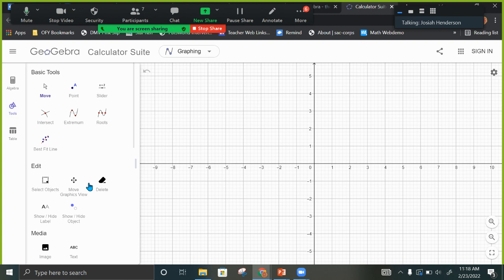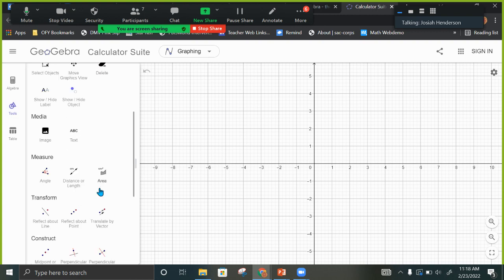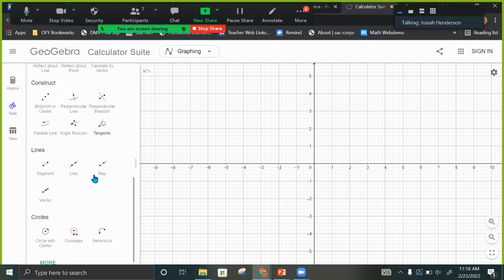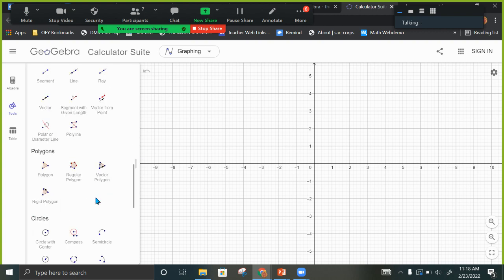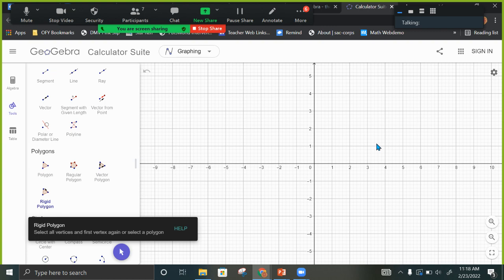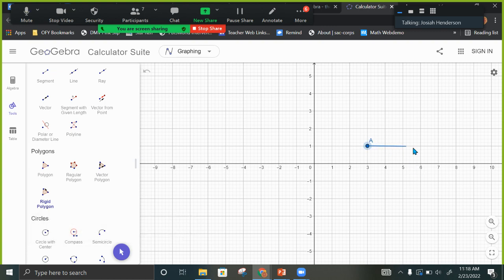And I'm going to go to Tools. I'm going to make a triangle. I want to make a rigid triangle. And what did I do? 3, 1 to 5, 1. And we're going to take this up to 3. Oh, yeah, there it is, 3, 5.